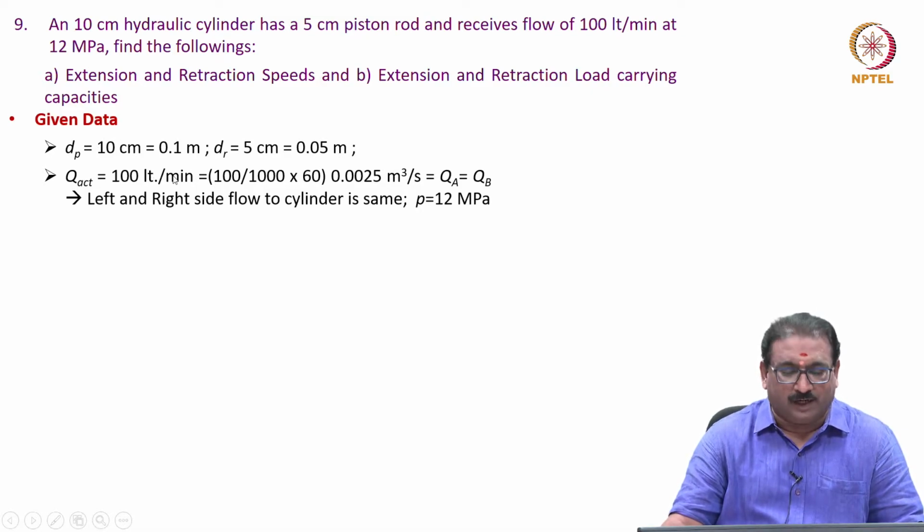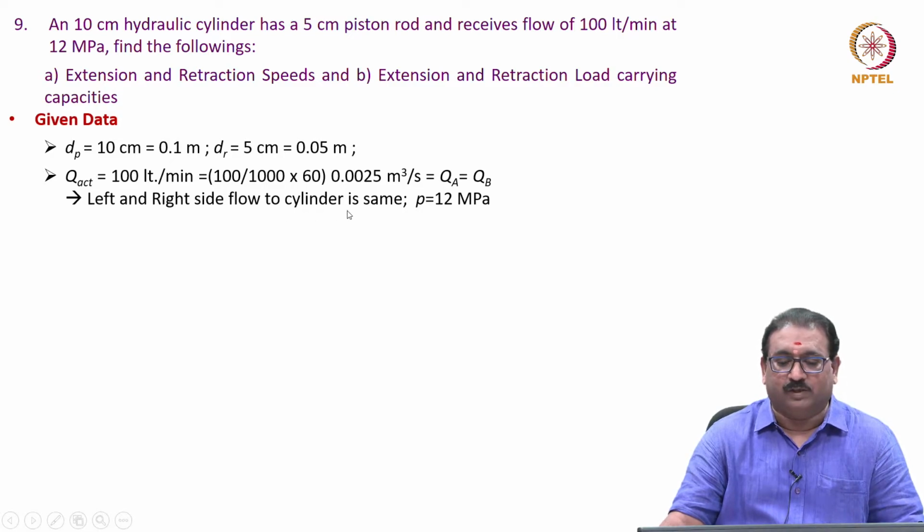Q actual also, liters per minute is there. What you will do? You will convert into meter cube per second or minute. Now I converted it into meter cube per second by dividing by 1000 into 60. If you want meter cube per minute, you need not divide by 60, but all should be in the same unit, please remember, which is both side flow, QA equal to QB.